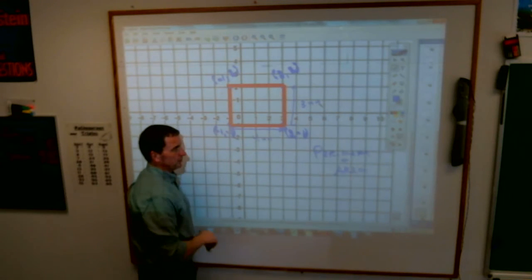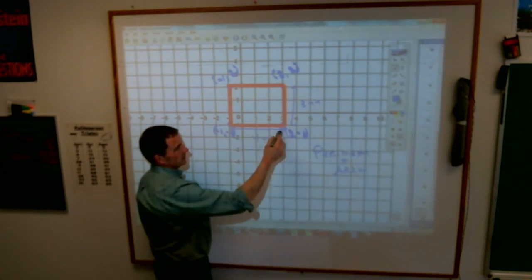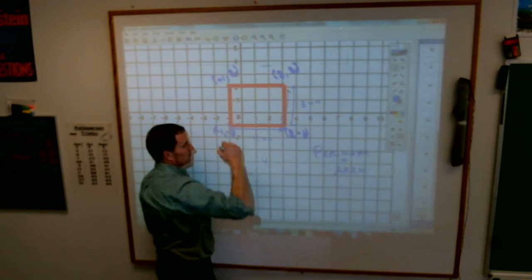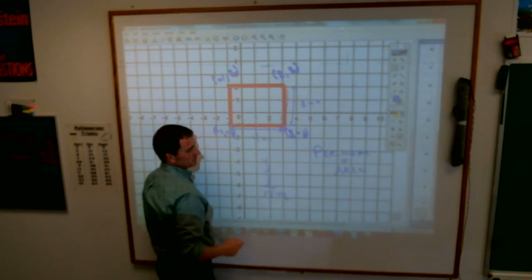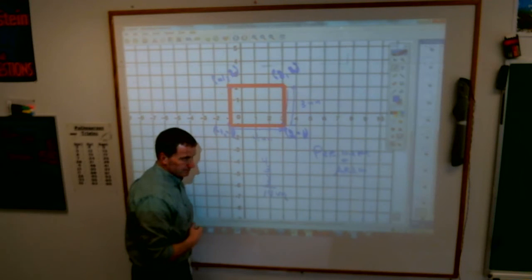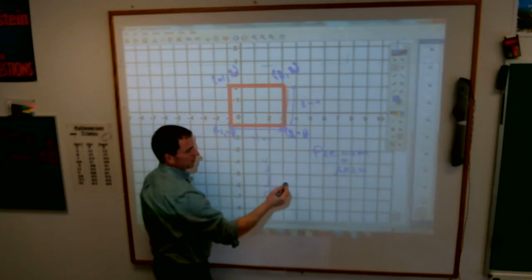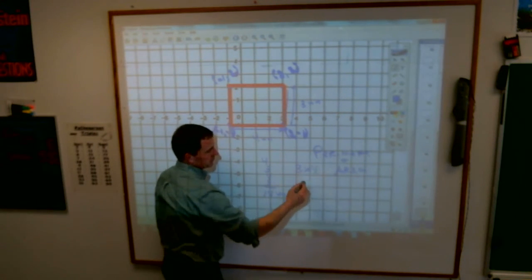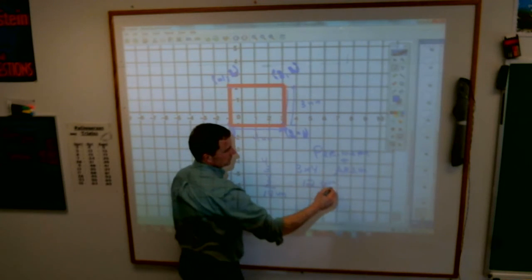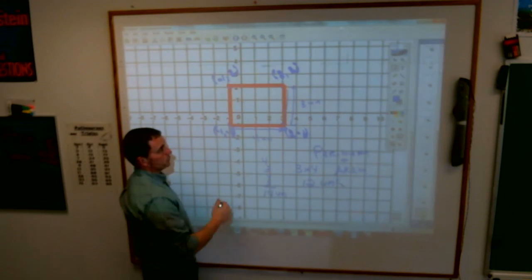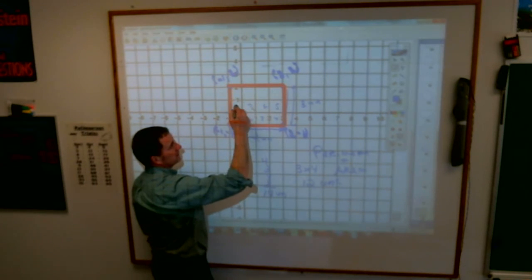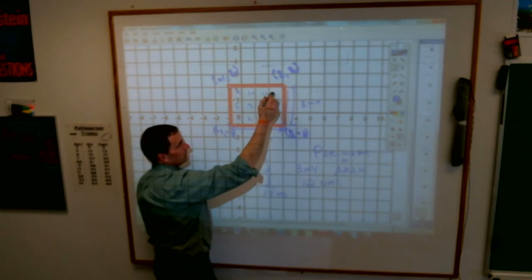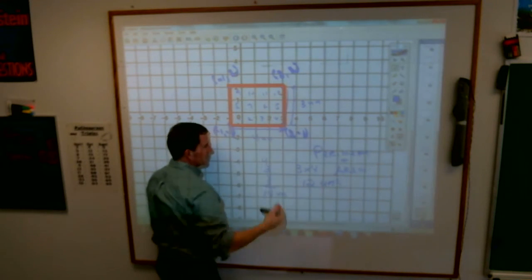So if you're giving the perimeter, it is going to be 4 plus 3 plus 4 plus 3, which is going to be 14 units. Same thing with the area. It is a 3 by 4 rectangle, so it's going to be 12 units squared, which I could actually do here. 1, 2, 3, 4, 5, 6, 7, 8, 9, 10, 11, 12 square units.